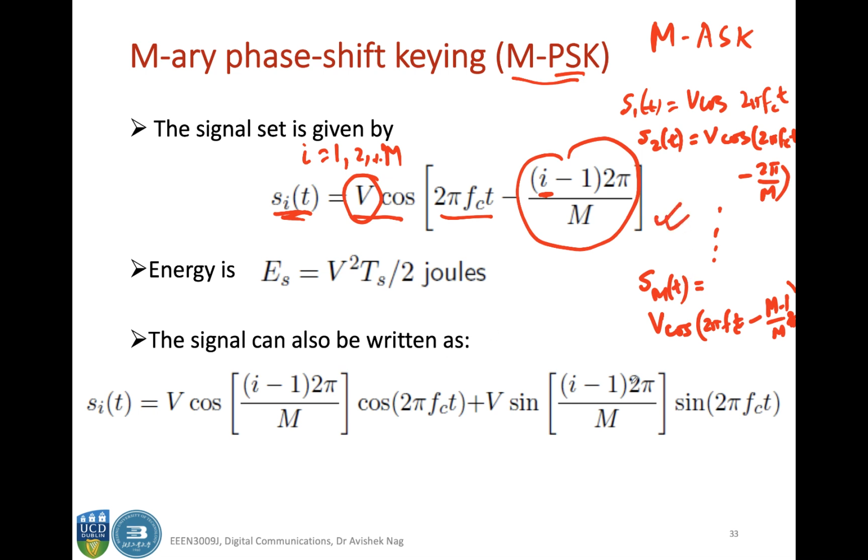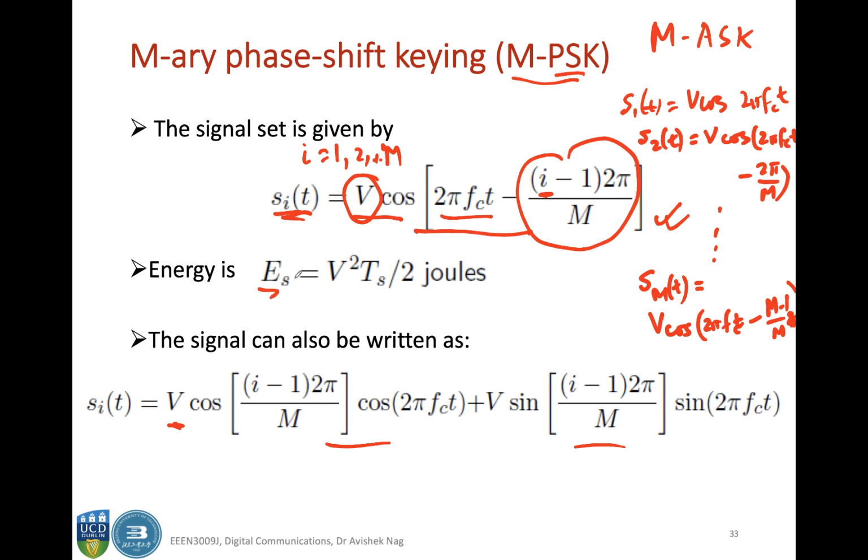The signal can also be written in another form. You expand this using the trigonometric identity and you will get this expression. Here you can see that the amplitude V can be written in terms of the energy.